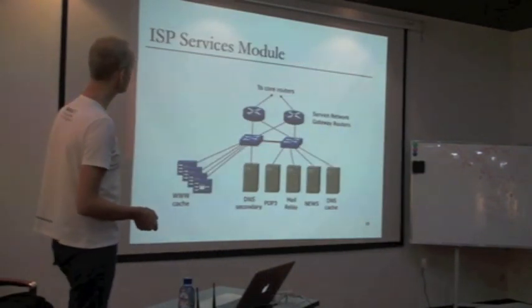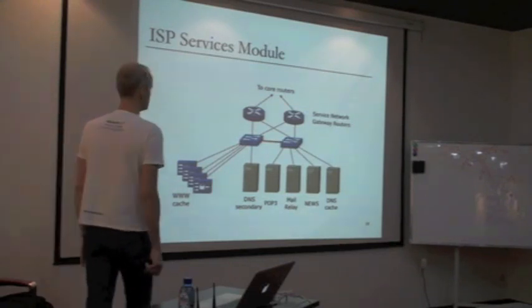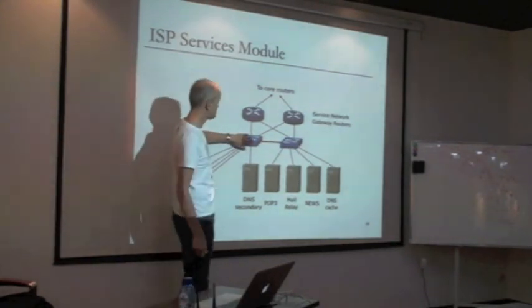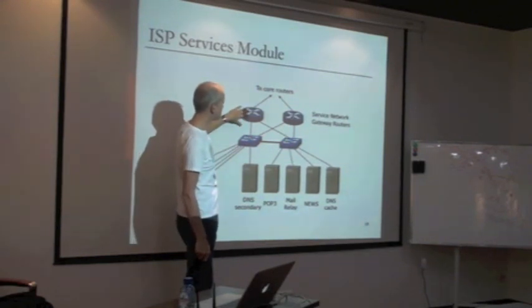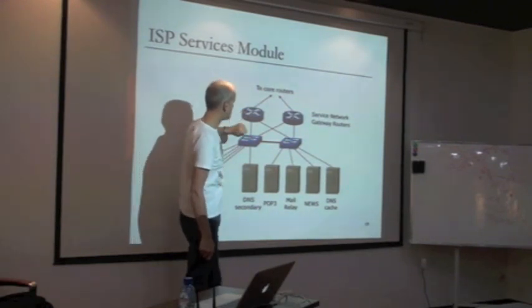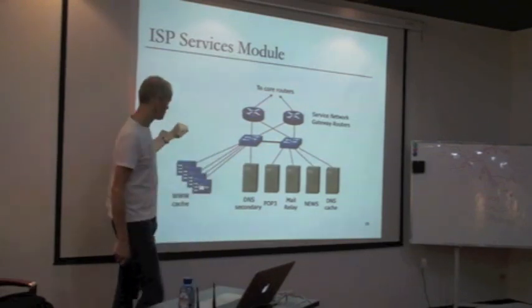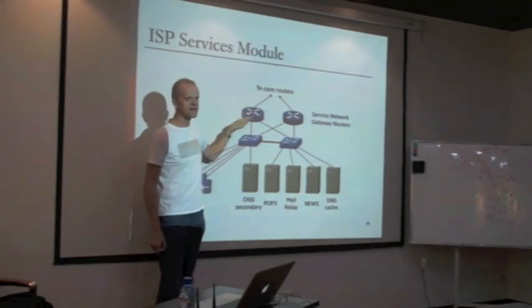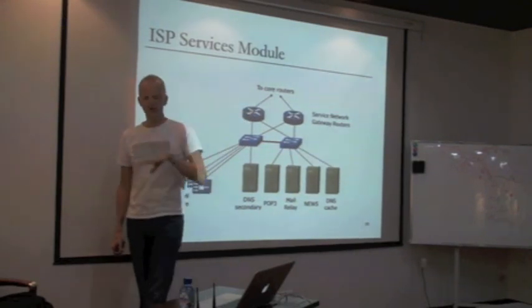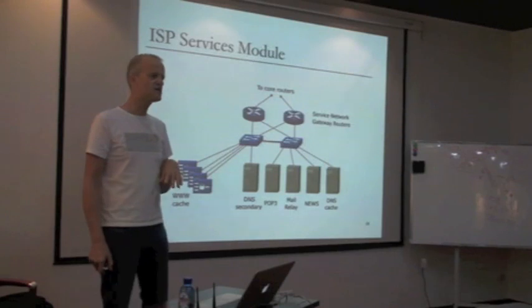ISP services, something like this. You've got the Ethernet LAN here. The service network gateway routers. Again, connecting into the core. These routers are very important for protecting your servers from the network.